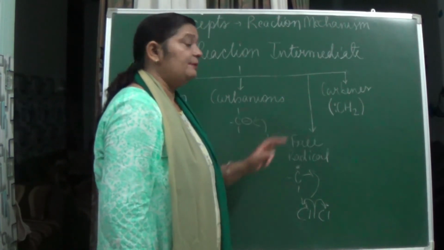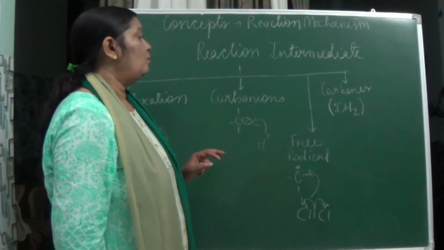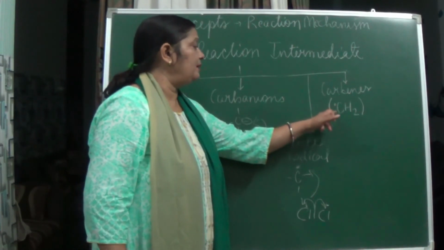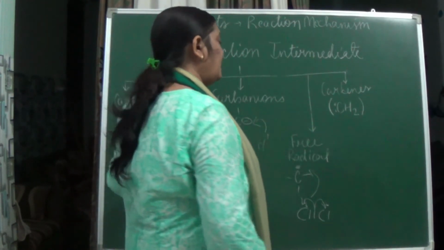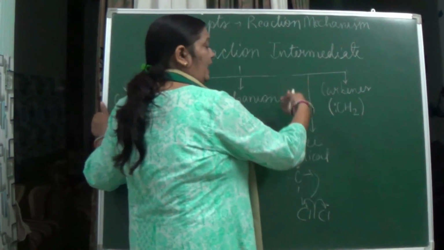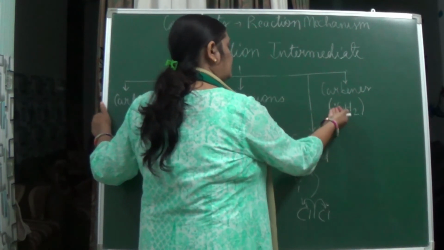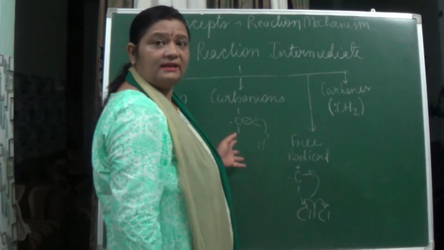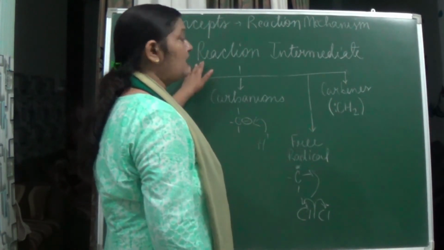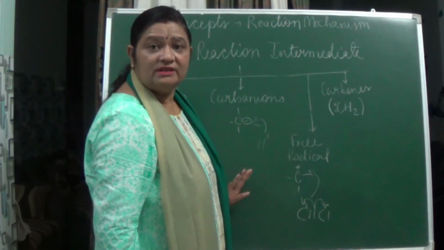Like that. Carbenes, what happens here? We are seeing one pair of electrons is totally free over here, so it can attach with any other, and as it has excess electrons, it can attach with electrophiles very easily, isn't it? So these are the reaction intermediates.